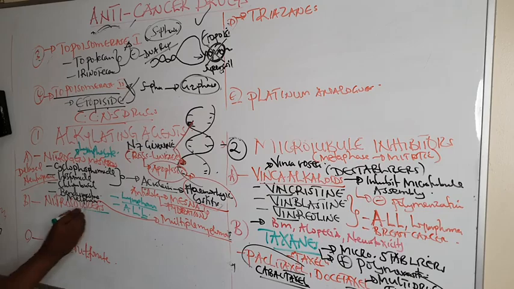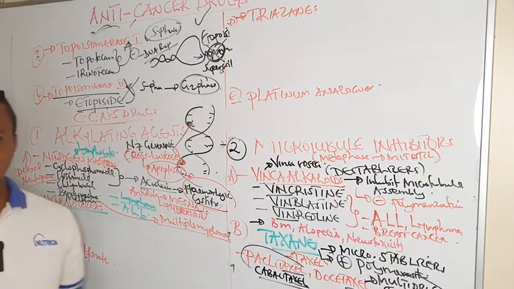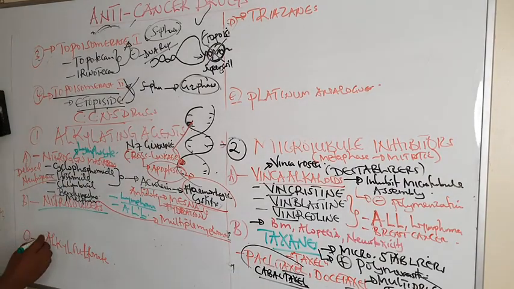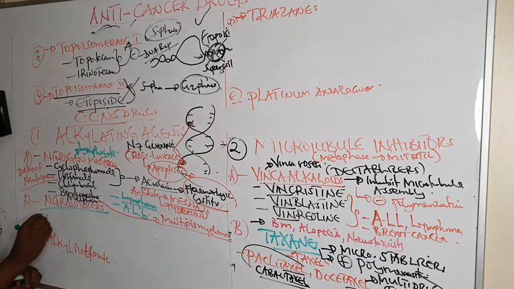Okay, so let us continue with nitrosoureas. These nitrosoureas are highly lipid soluble, and they are able to cross the CNS.